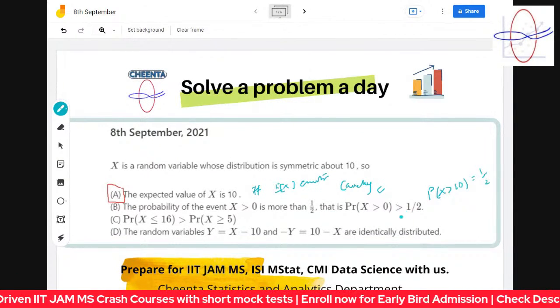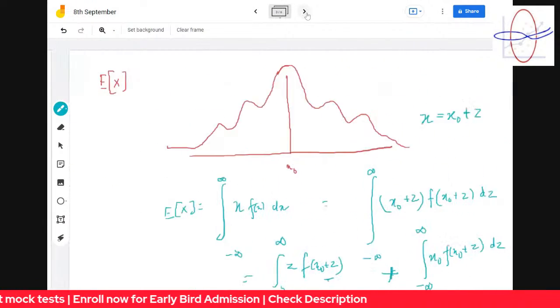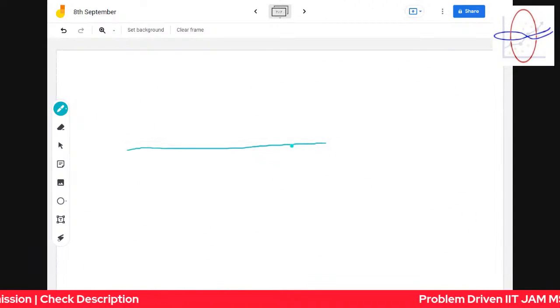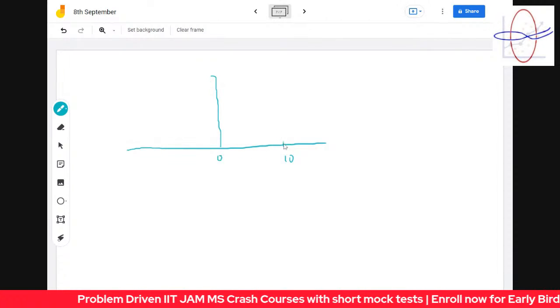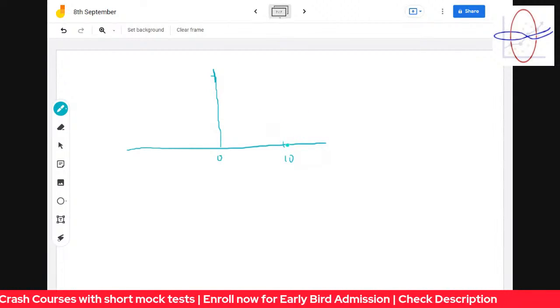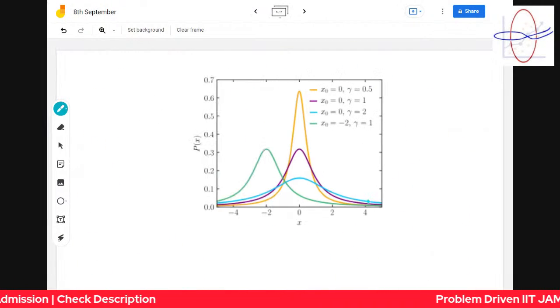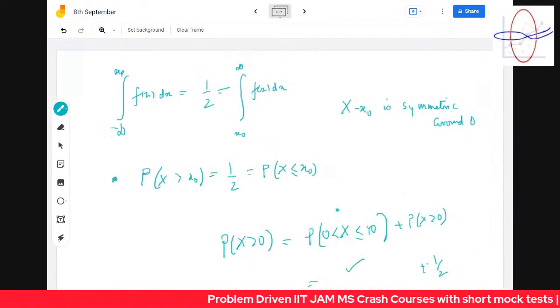This is a very good way of understanding that this is always so. But there can be a small problem. In discrete distributions there can be a case where there is a point at 1 and between 0 and 10 there is nothing else. That can be a big problem. In that case it must be exactly equal to half, because this part will be 0.